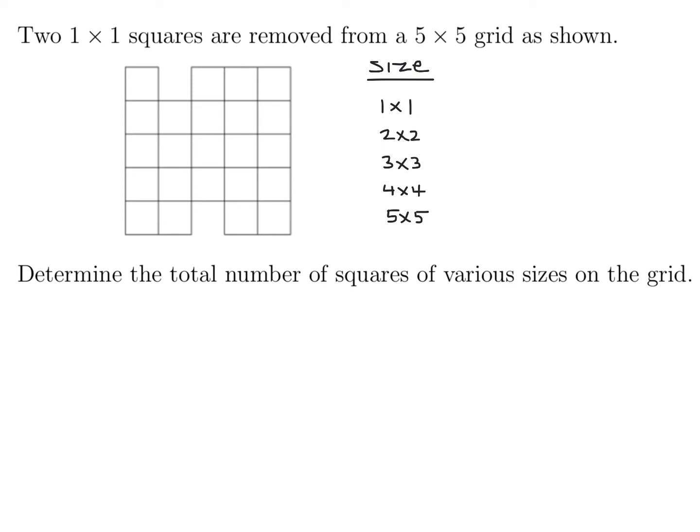Okay, let's start counting. 1 by 1, well, those are just the individual boxes like this, right? So 1, 2, 3, 4, 5, 6, 7, 8, 9, 10, 11, 12, 13, 14, 15, 16, 17, 18, 19, 20, 21, 22, 23. 23, if I counted properly. So let's put that here, 23. This is the number. 2 by 2, we've got to be careful.